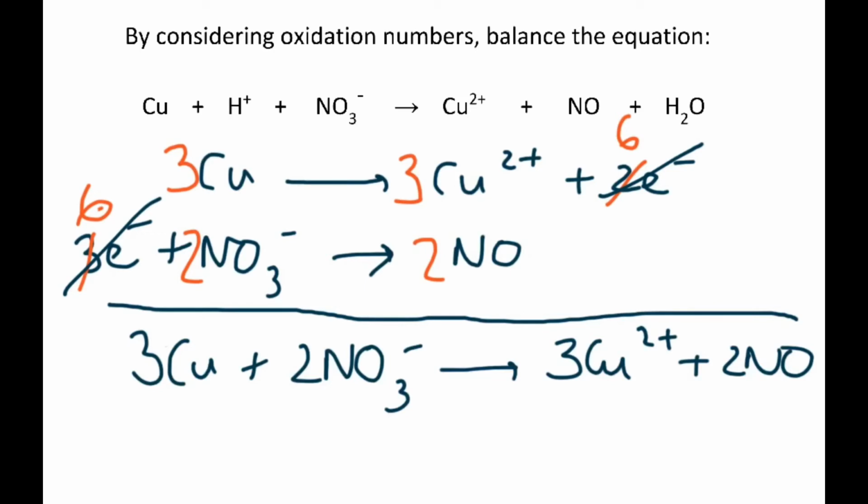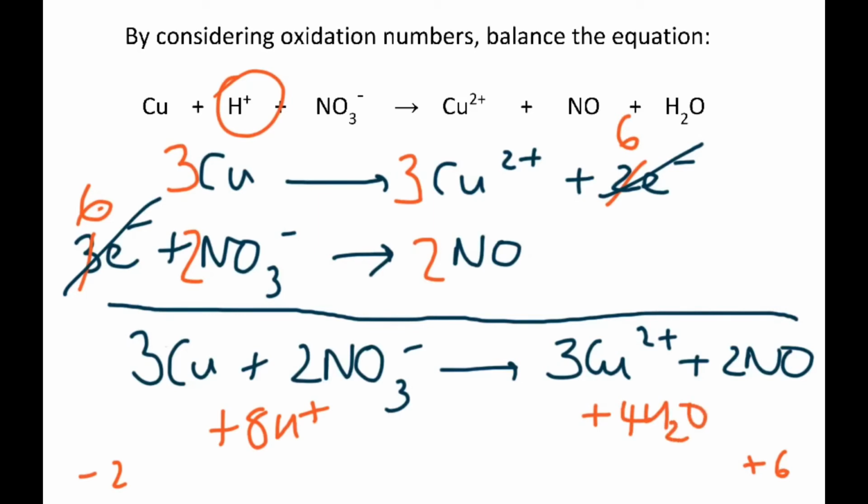Add up the total charge: on the left is minus 2, the total charge on the right is plus 6. We need those 2 charges to be the same. We need to use the acid, so we're going to need 8 H plus, and therefore we're going to need 4 waters in order to balance it on the other side.